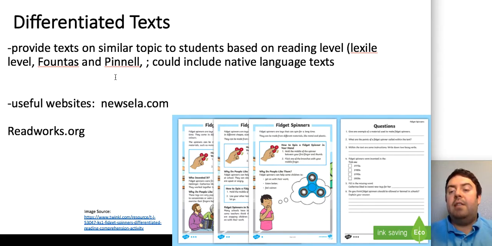Another way to provide scaffolds for ELL students is to provide differentiated texts. Differentiated texts are beneficial in that they teach the same content topic. In the example I give in this picture, it's fidget spinners. So it still gives the essential information about fidget spinners, but it differentiates based on students' reading level.